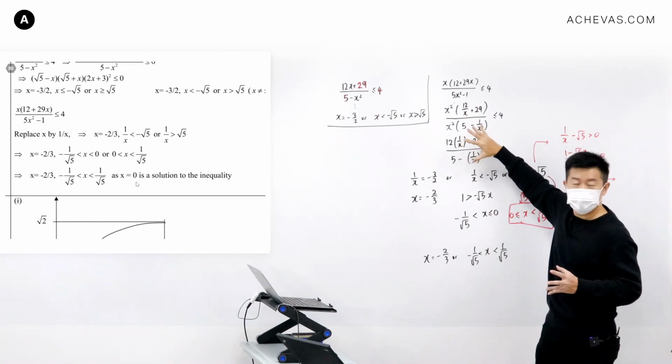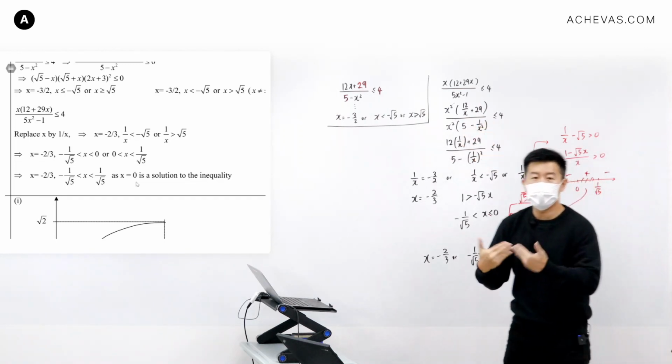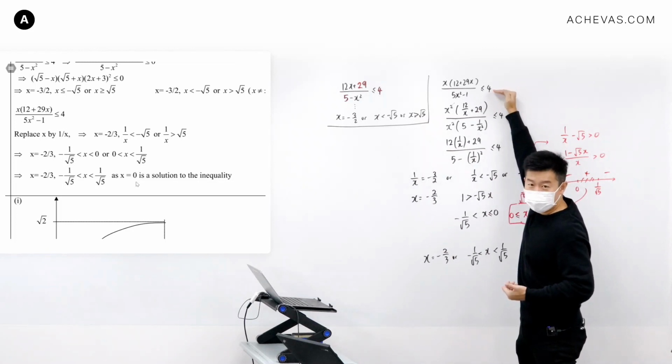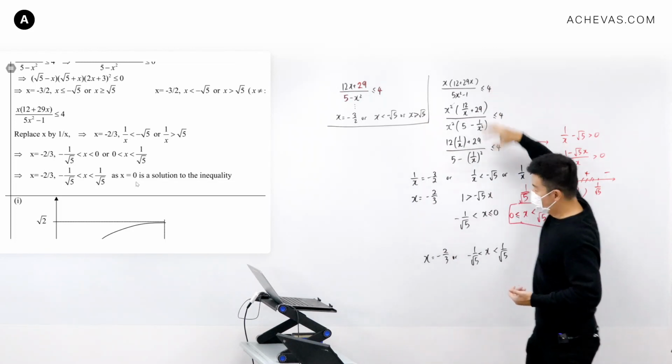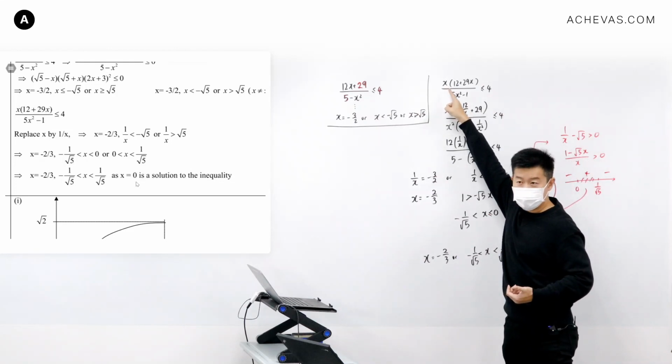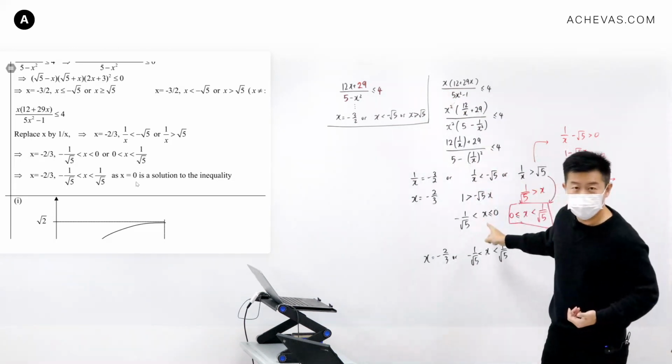You cannot look at the in-between because the in-between is your own manipulation. It is not what the question intended for you to analyze, which is this. So you must always trace back to the original one. X can be equal to 0. This is my first point about this 0.